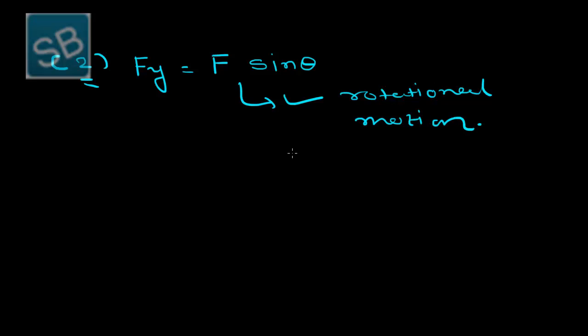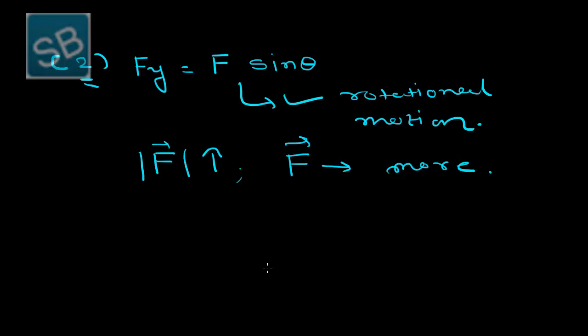And here, if the magnitude of force is more, then this force becomes more effective. If the value of F or the magnitude of force is increasing, then the actual value of force will become more energetic.